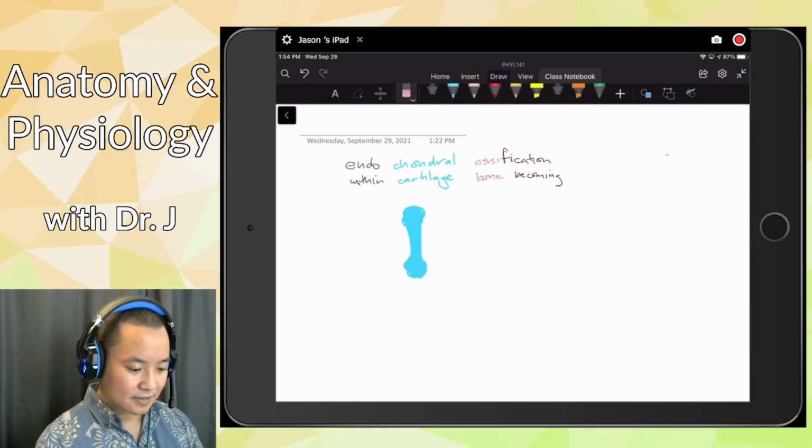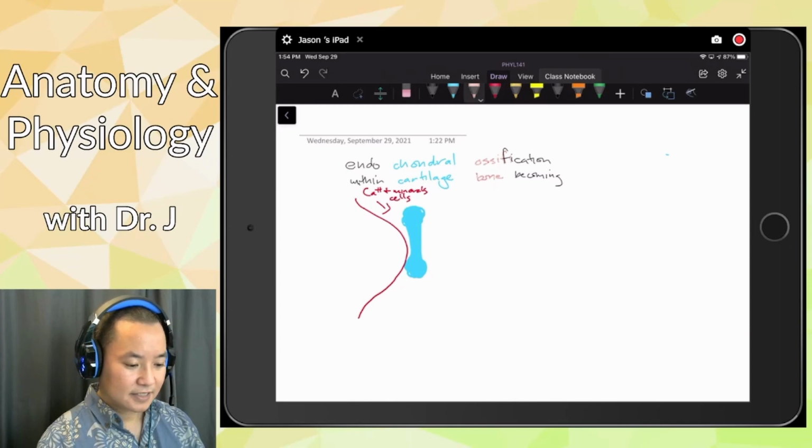Blood vessels are going to carry calcium and other minerals as well. So you have all this calcium being carried by blood vessels.